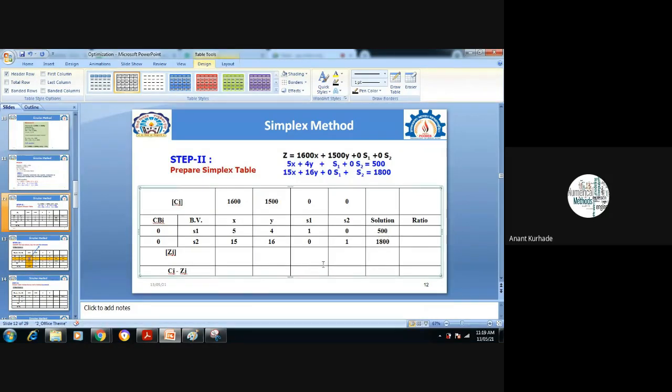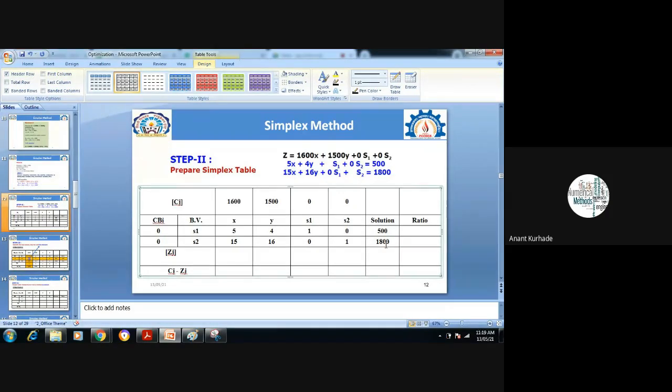Once you write this, please go in reverse manner and check again. Cross checking is very important. Last constraint: 15x plus 16y plus 0 s1 plus 1 s2 is equal to 1800.